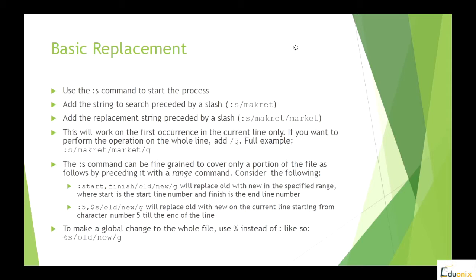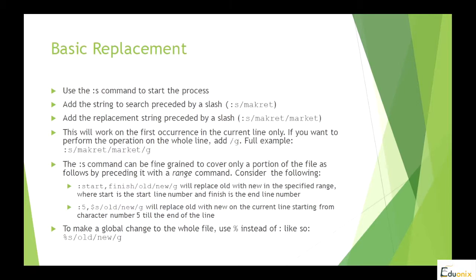Now sometimes you want to make what's called contextual changes. What that means is that you want to make a change on a specific line and you do not want this change to be affected on the other lines. For example, let's say you have a file that has a specific mistake in a range of lines.